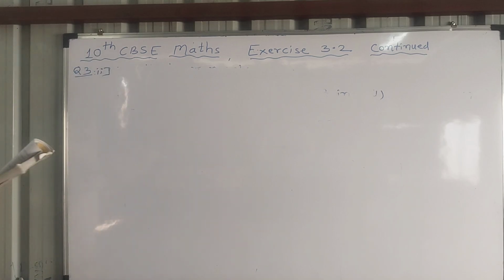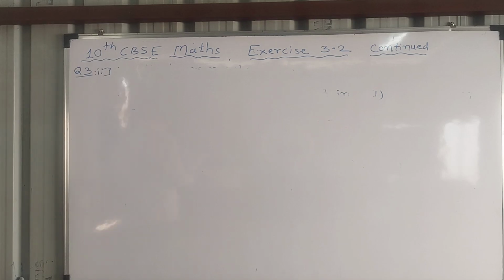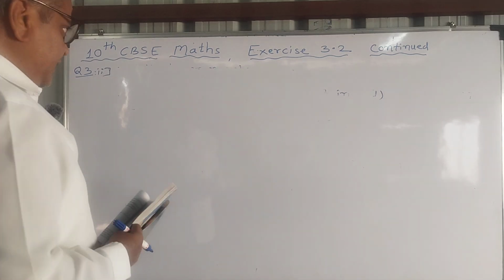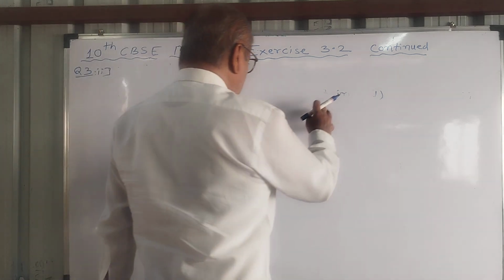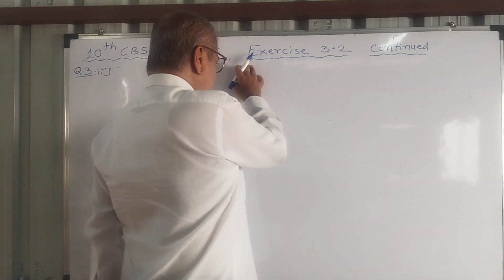I will read the question, I will not write the question. The larger of two complementary angles exceeds the smaller by 18. Find them. See, this question is on supplementary angles.